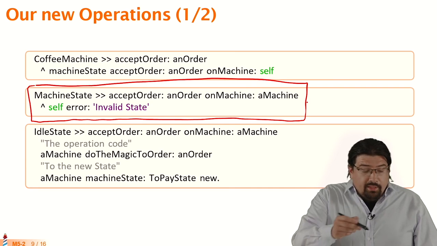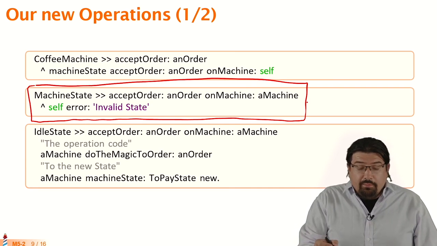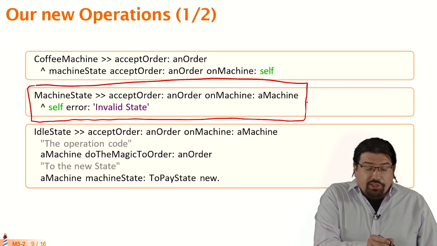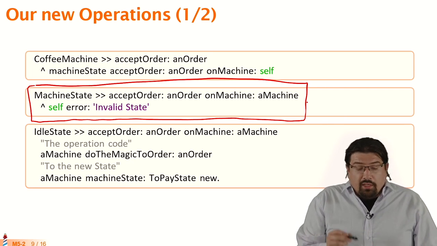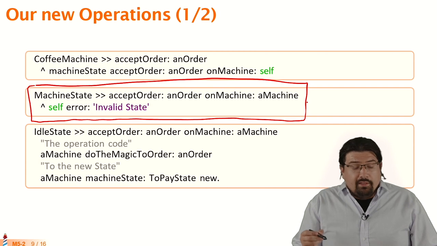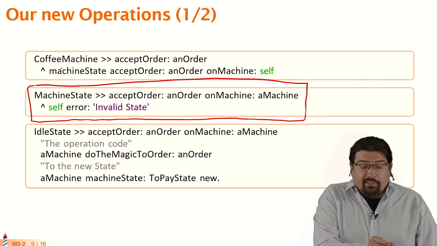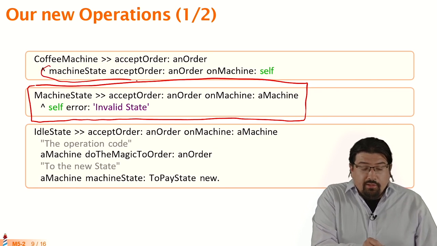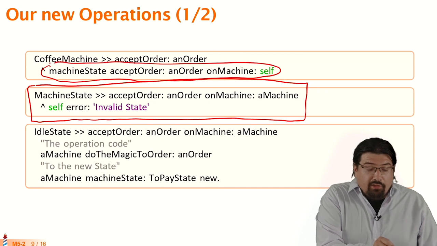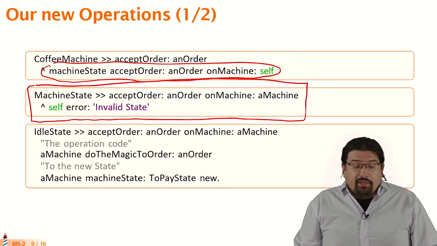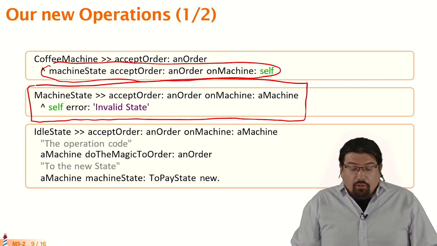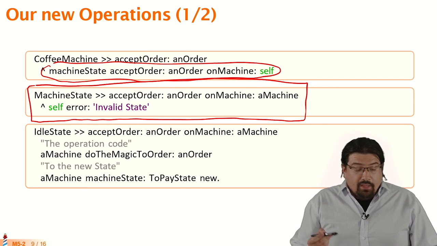As I said before, the key point in this design pattern is that the coffee machine, the object that has the complex state machine, will delegate to each of the states the operations that we want to do. We have rewritten our method acceptOrder to send the message to the machine state, the new object that represents the state.